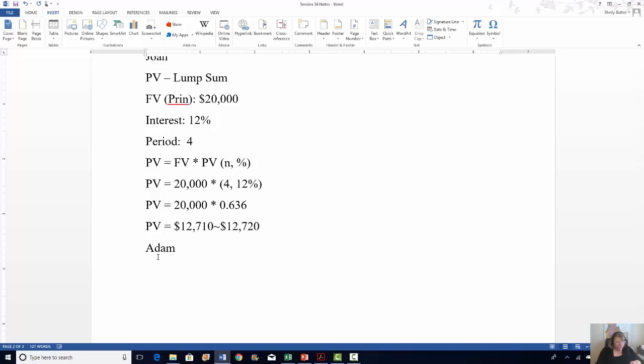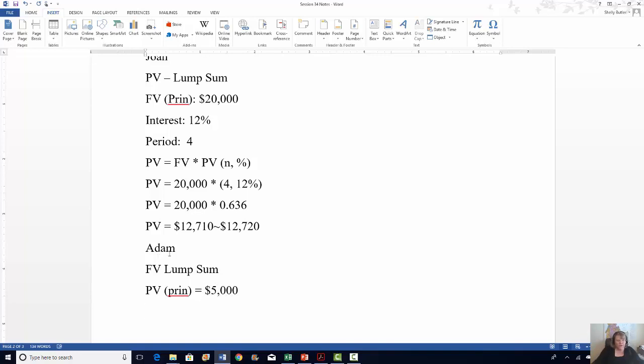So now this is a future value of a lump sum, and here's our information. Present value, which is our principal, is equal to $5,000. Okay.